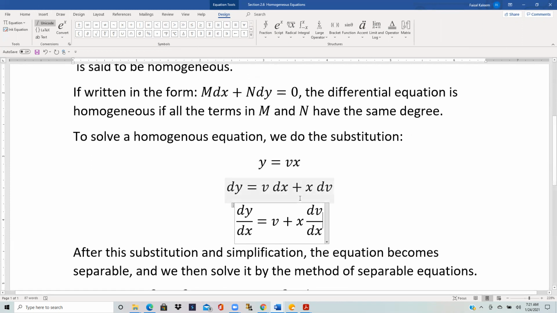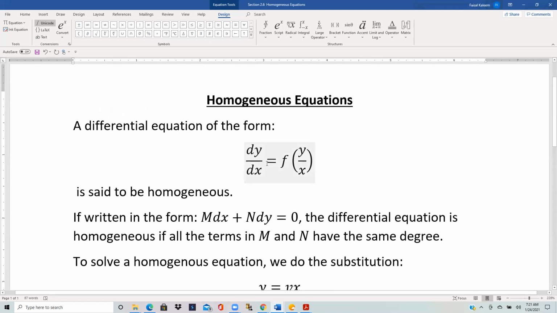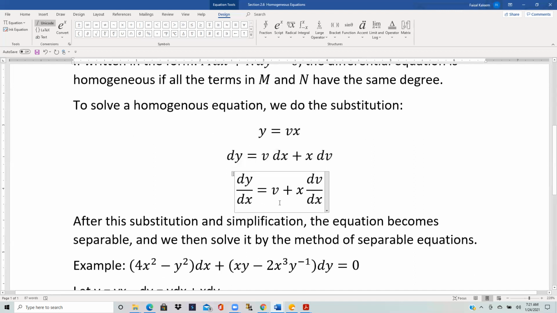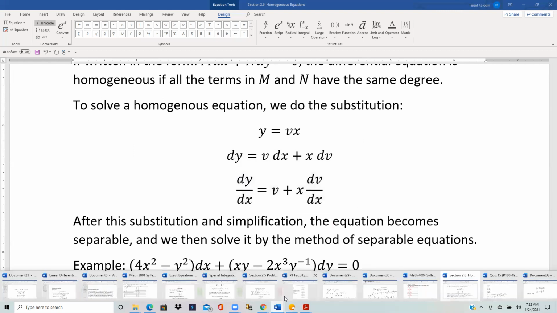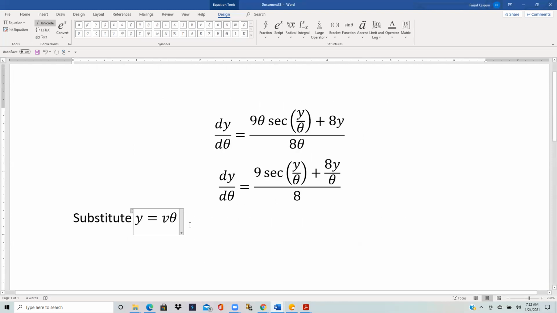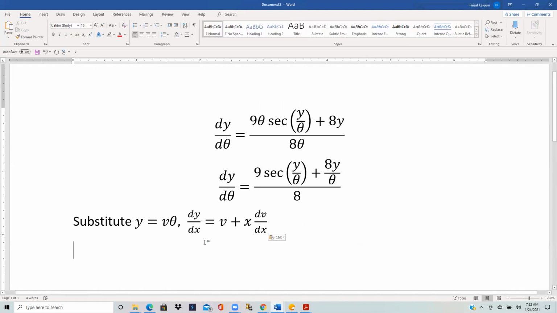So it's more convenient to use this last box instead of this one when the equation is given in this form, which is the case for the problem that we are doing. So remember, dy over dx is equal to v plus x dv over dx.